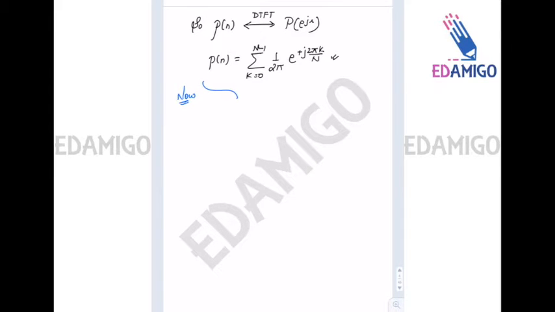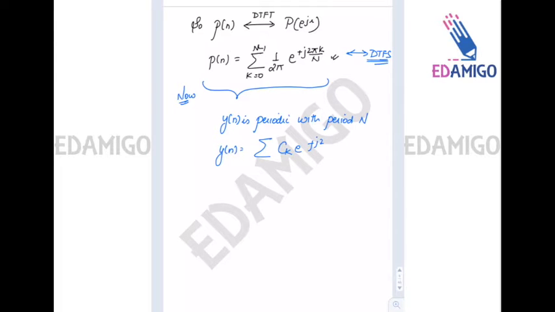Now if we look at the expression of Pn, we can compare it with DTFS. Recall the DTFS formula. The DTFS formula says that if Yn is periodic with period capital N, then Yn can be represented as a summation, k equal to 0 to N minus 1.